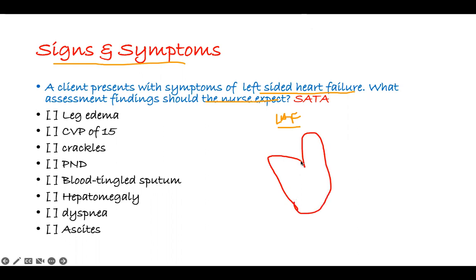So this is the heart, and the lung is here. Blood flows from the right atrium. So this is the right atrium. Go to the right ventricle through the tricuspid valve. And from the right ventricle, you go to the lung through the pulmonary artery. This blood has no oxygen in it.